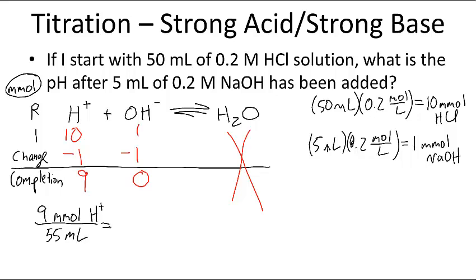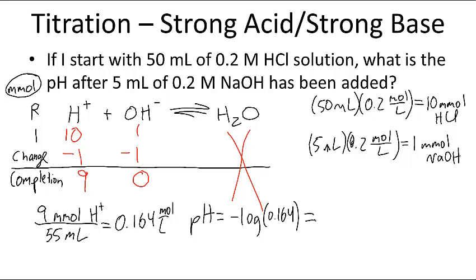All right, so 9 over 55. Notice when you use millimoles and milliliters, the millis pretty much cancel out, so you get moles per liter. So 9 millimoles per 55 milliliters is 0.164. So then pH is going to equal the negative log of 0.164, which is 0.785. All right.